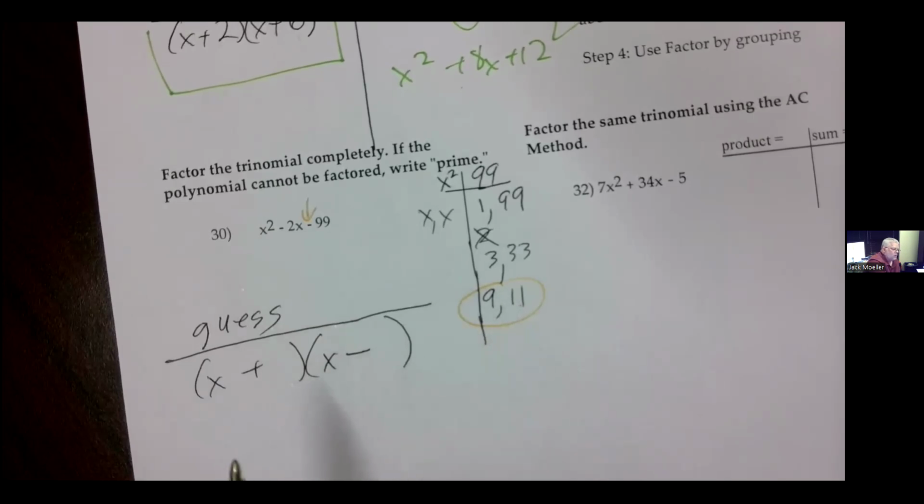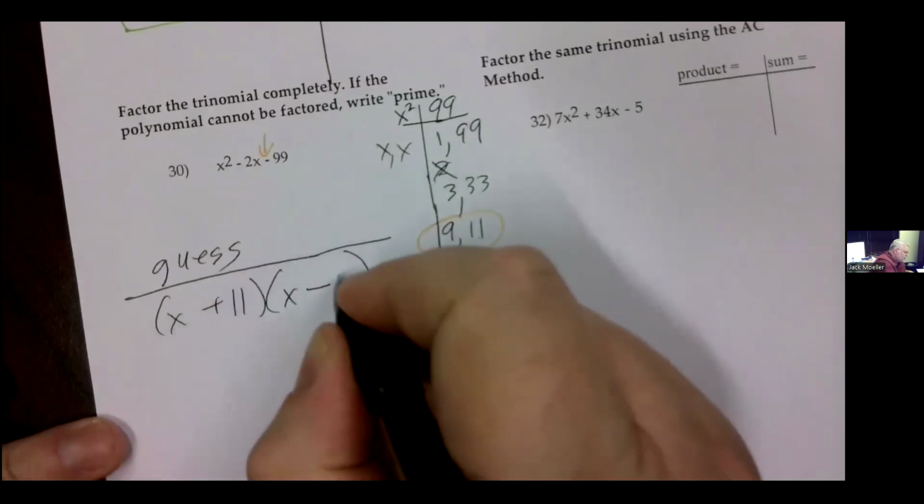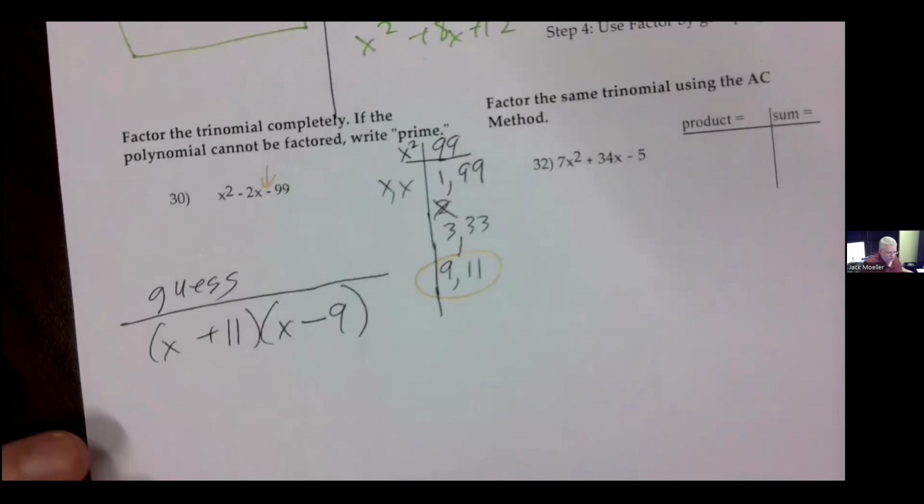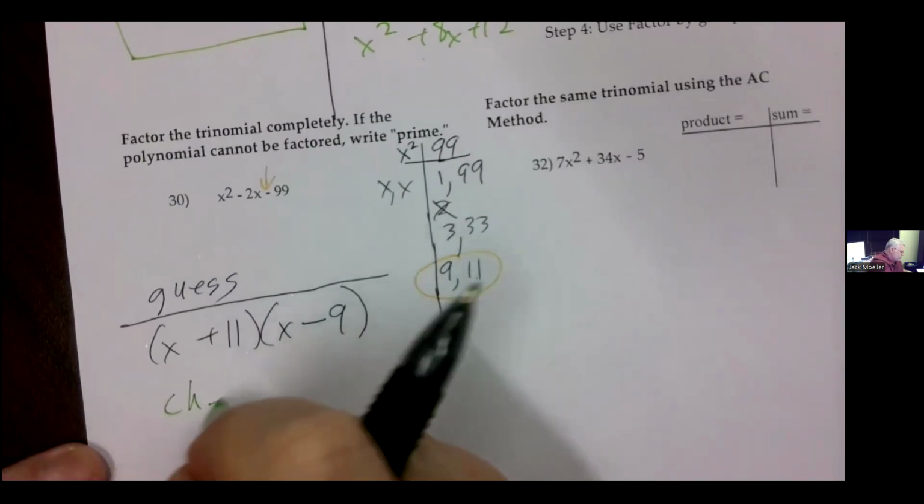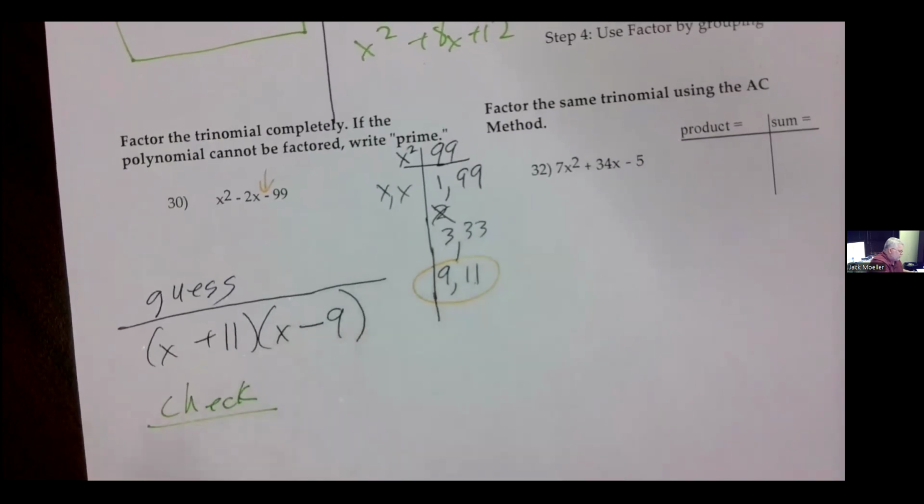I want to do this the wrong way and show you how that's helpful. Let's say I'm going to do plus 11 minus 9. Well, please check these, because again, that was an educated guess. We haven't guaranteed that we did it right.